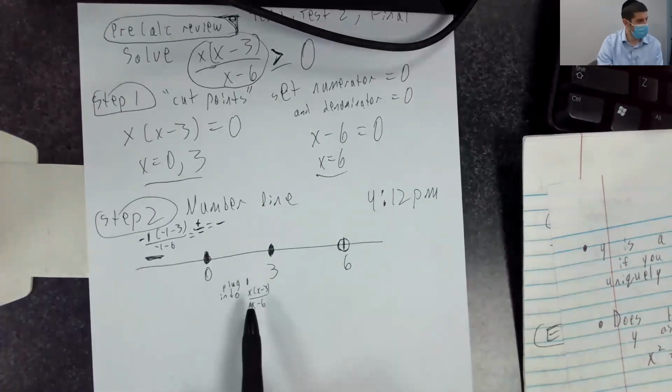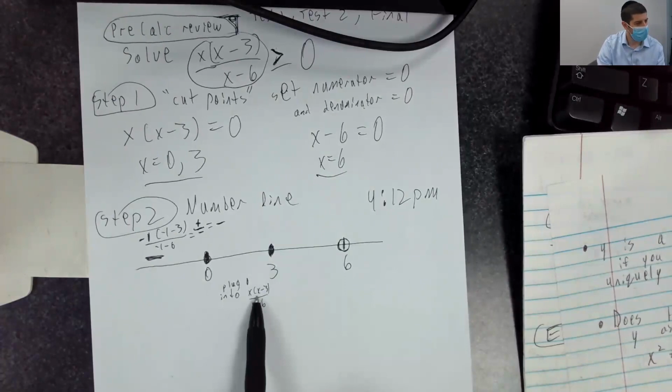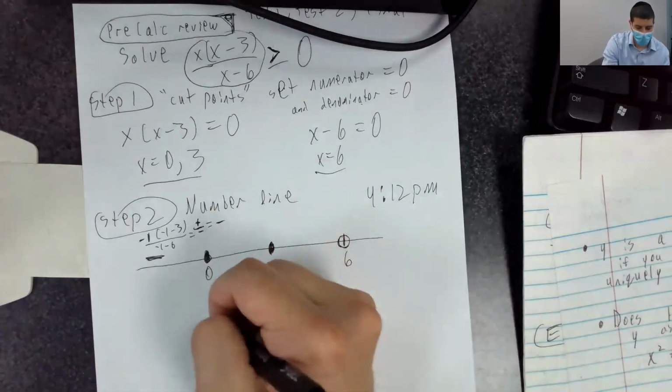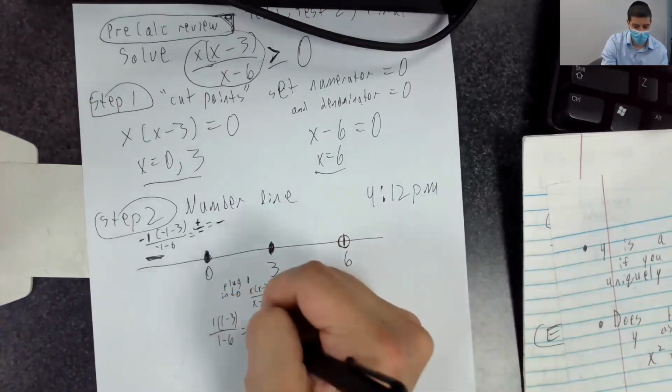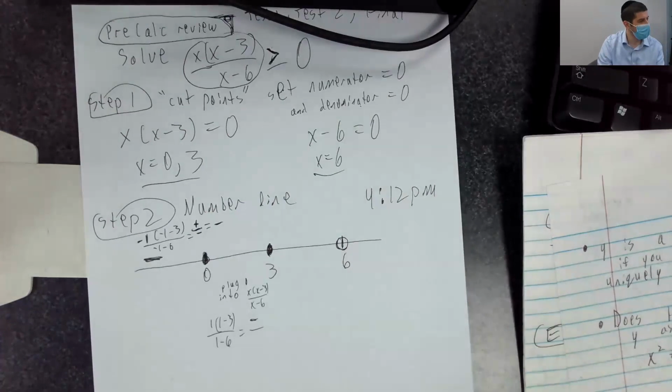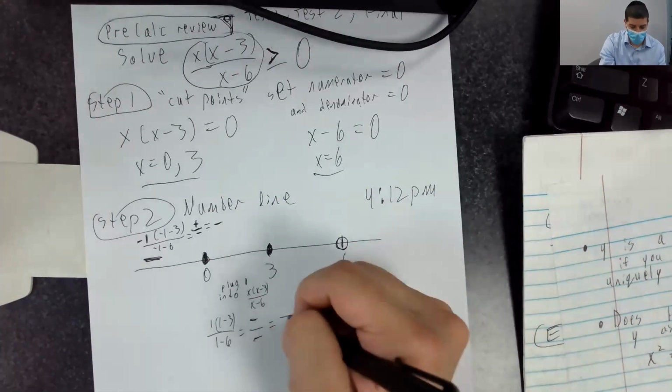You just want to know if it's positive or negative. So if I plug one in, I get 1 times 1 minus 3 divided by 1 minus 6. So negative, and 1 minus 6 is negative. So negative divided by negative, positive.